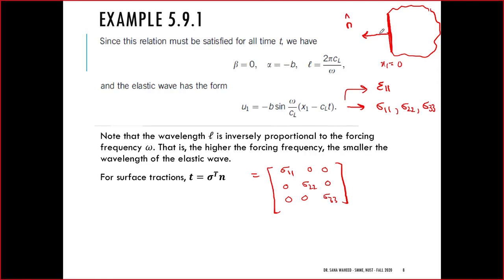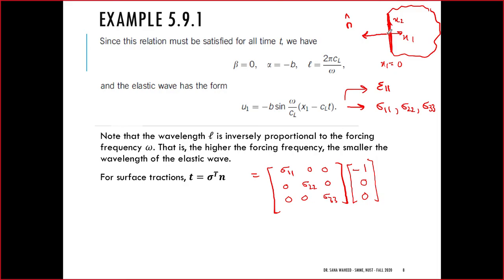And what is this? According to normal convention, if I had to define my coordinates, it would be x1 to the right, x2 up above, and then x3 coming out. So clearly this unit normal is minus 1, 0, 0.